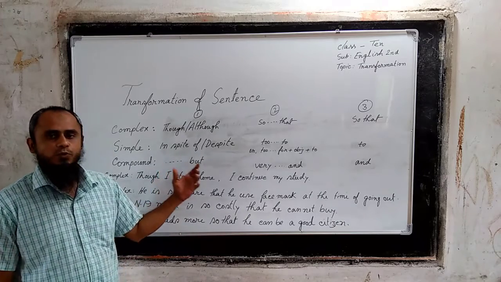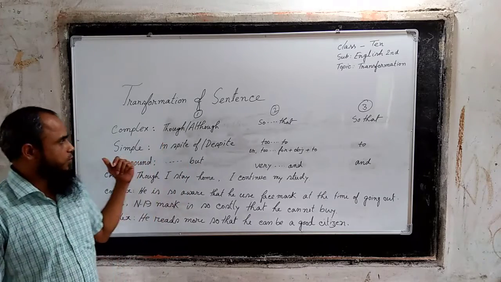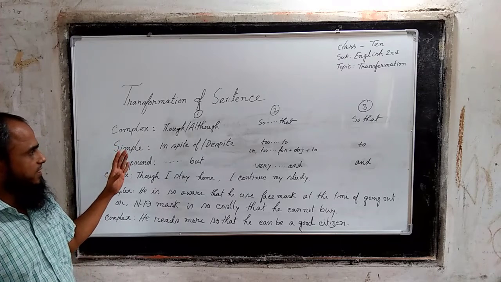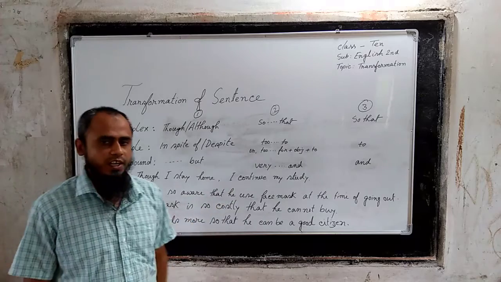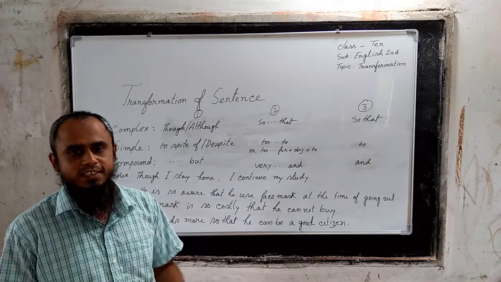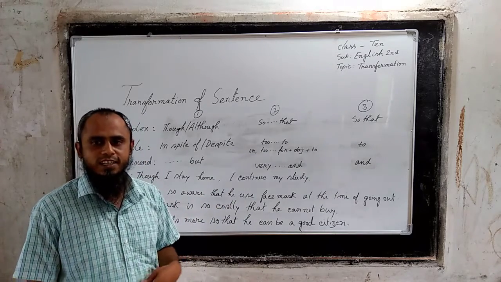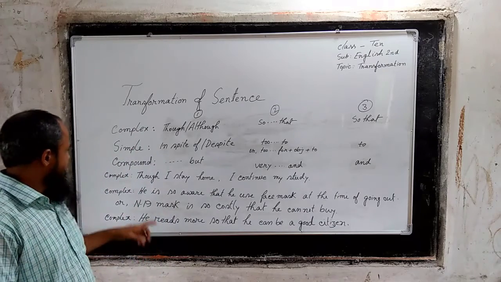Now I am going to flash back the class, because at the beginning of the class I gave you three structures, and here I have come with these three structures for clear understanding.